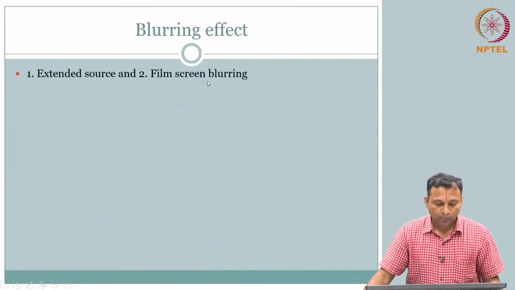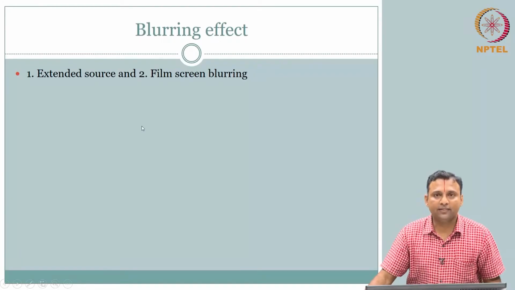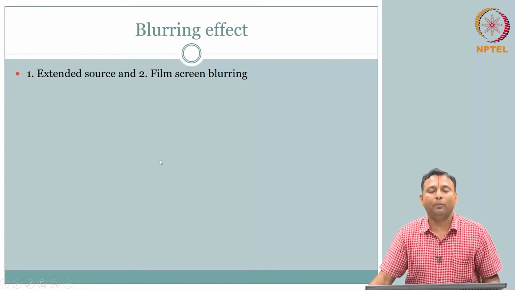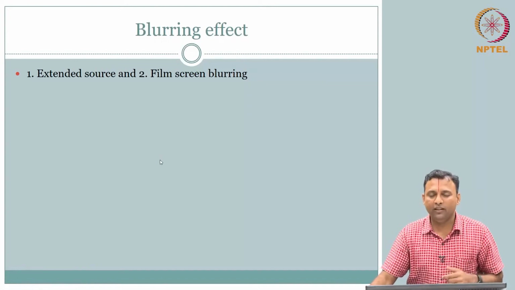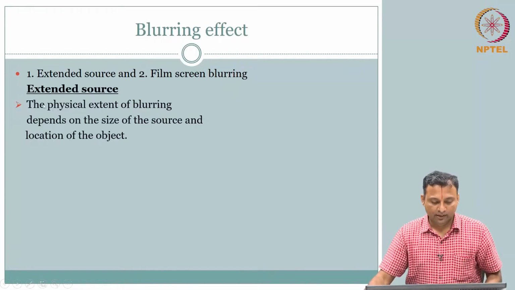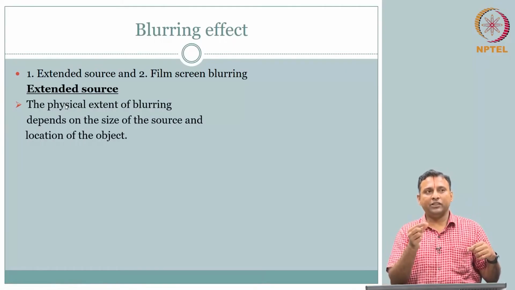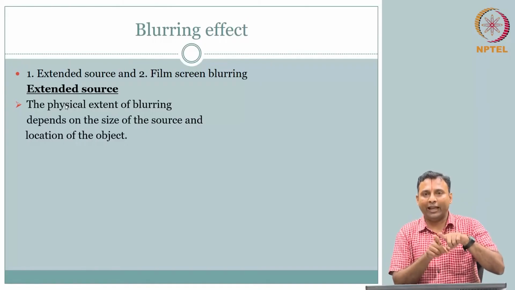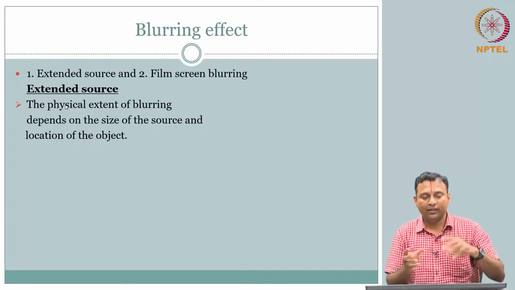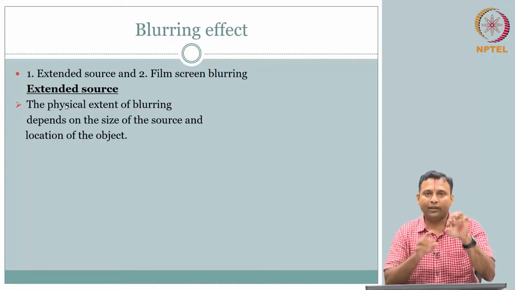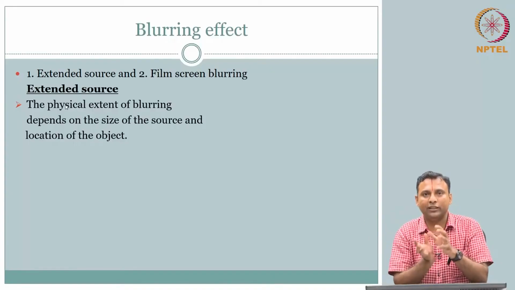So first is the extended source. In extended source, as the name suggests, it is not a point source. You have a source that is extended. We talked about diverging waves so far. There is a point source and the beam goes at different angles, mostly cone shaped.